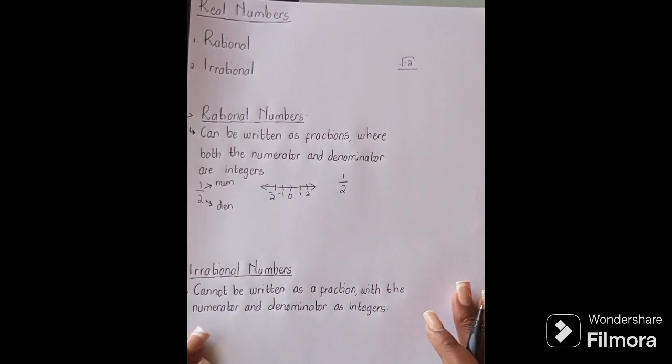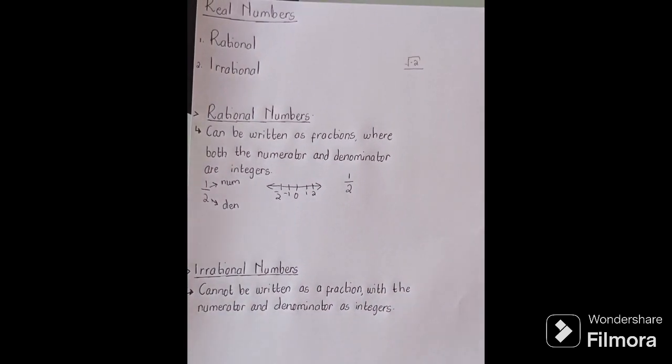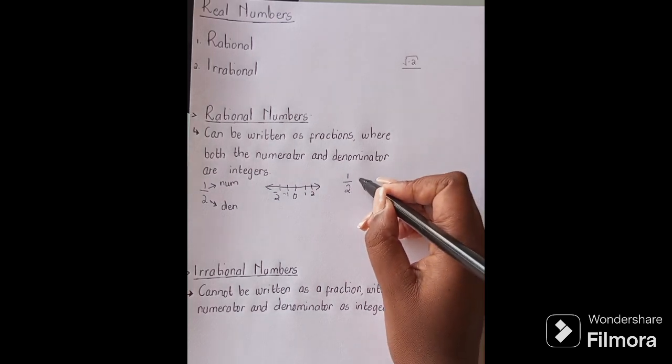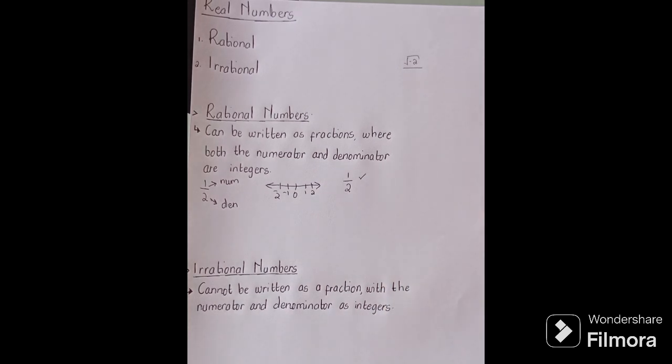They ask you, is this number a rational number? You check condition number one. Is it a fraction? Yes, we have 1 on top, 2 at the bottom. Condition number two: are both the numerator and denominator integers? 1 is an integer, 2 is an integer. Therefore, 1/2 is a rational number.